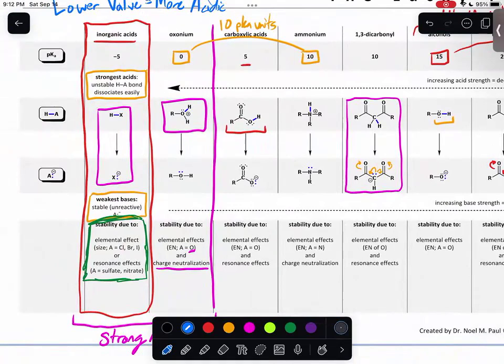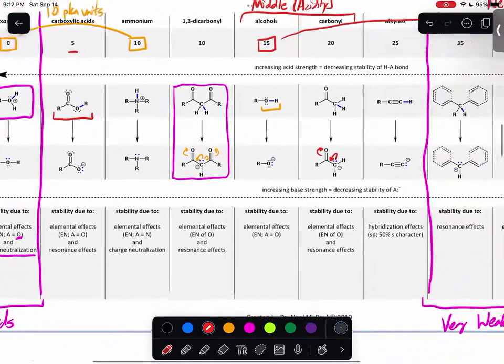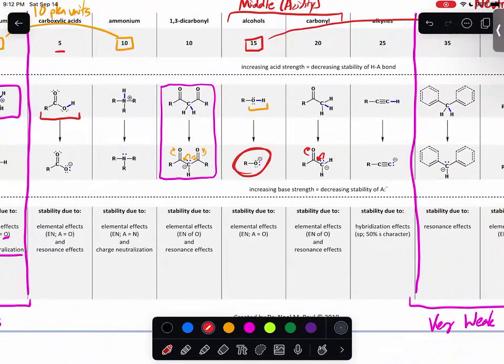So something like this X minus, which is normally just a halogen with a negative charge, it's a very bad base. But as we move up, we see that things like negatively charged oxygens, right? So think sodium hydroxide. This is actually in the middle of bases, right? So this is another mid-strength base.